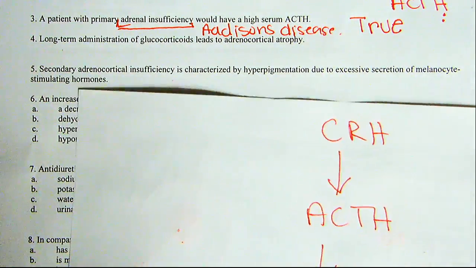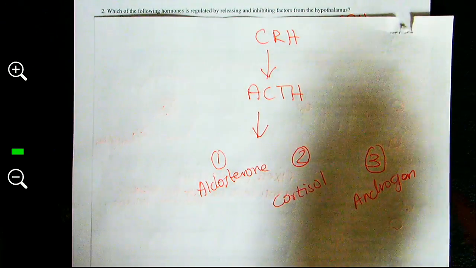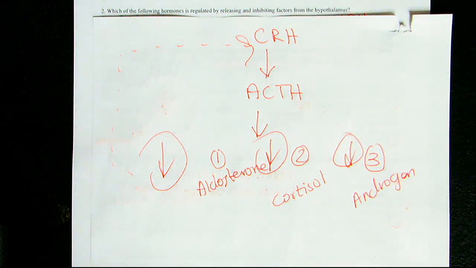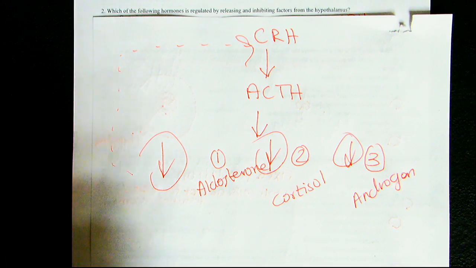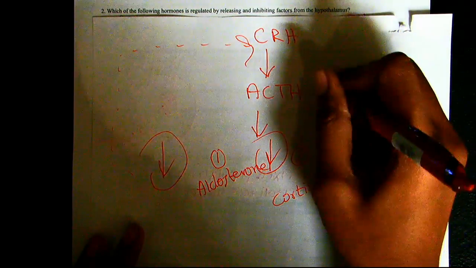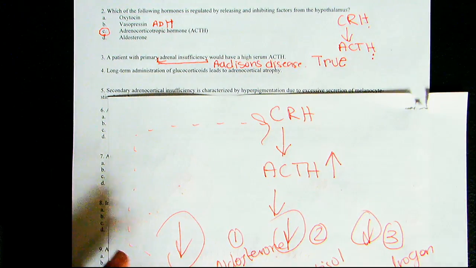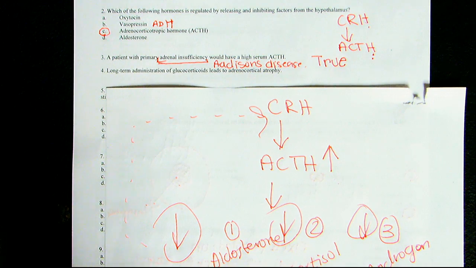and then androgen. So in the case of us having low levels of these three hormones, so if all three of these were low, right, we'll have a negative feedback to the hypothalamus and or anterior pituitary gland, and that will cause an increase in these. So that's why somebody with primary Addison's disease will have high serum levels of ACTH.